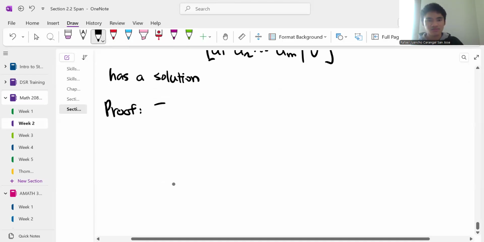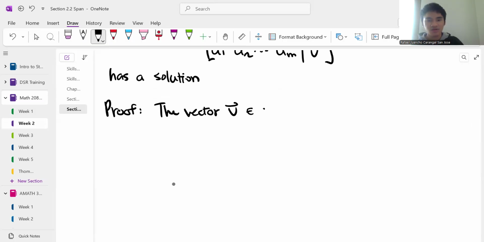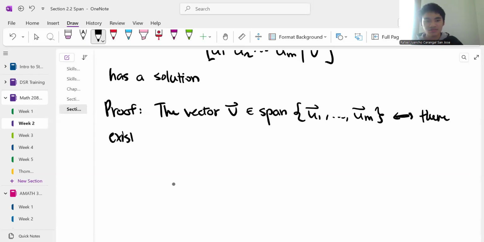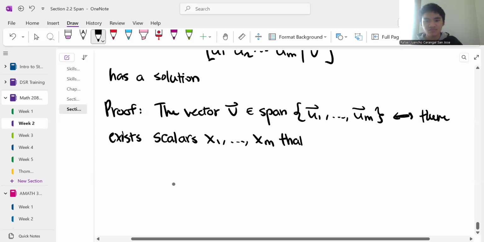seeing that the vector v is part of the span of u sub 1 to m, if and only if there exists scalars x sub 1 all the way to x sub m that satisfy this equation.